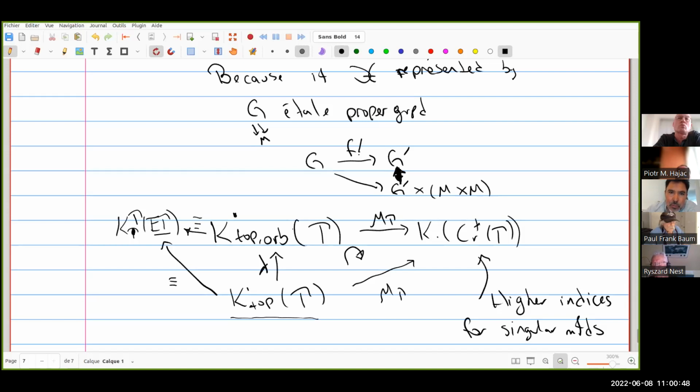Sorry. So I was saying that to show that this is an isomorphism, one somehow needs a geometric description of the inverse. If you have an orbifold, of course, it's not a manifold, but somehow you need a desingularization of the orbifold to get a push forward to an equivariant cycle. But you can do it actually.